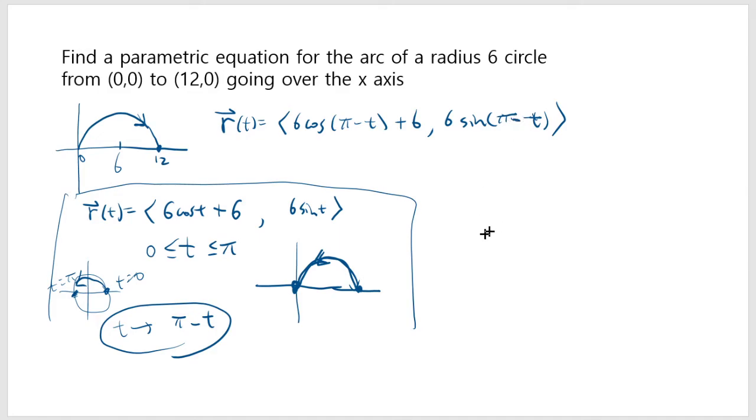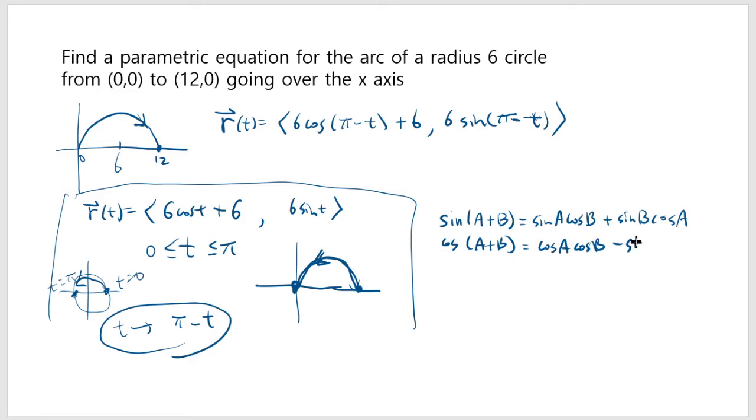And to do that, there are many ways, but I guess the more straightforward way is to use the sum formulas: sine of A plus B is sine A cosine B plus sine B cosine A, and cosine of A plus B gives you cosine A cosine B minus sine A sine B. Okay, so you can use this.